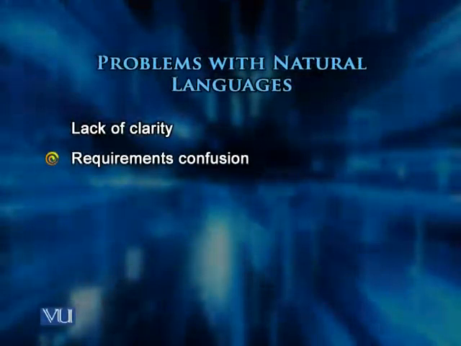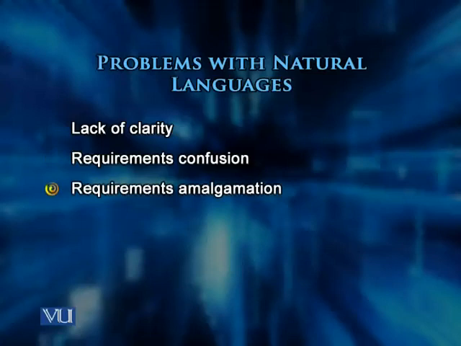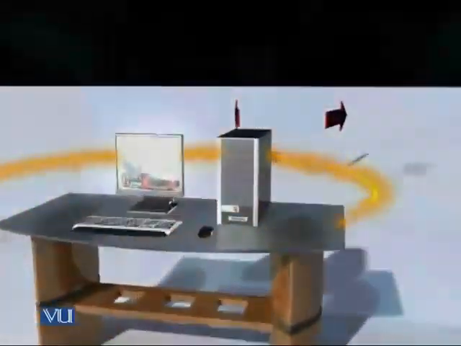It's not clear what the requirement means. And then third, we have requirements amalgamation, meaning that a number of requirements have been written together. It's the way they have been written that it appears that it's only one requirement, but in fact there are lots of them in one requirement.